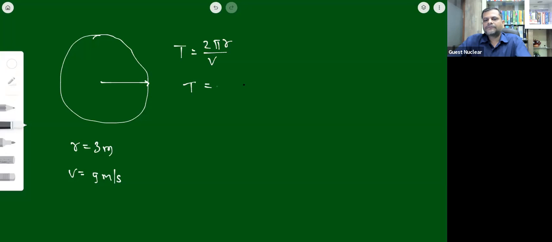So time period can be found out easily, that is 2 pi into r. R means 3 and that is to be divided by v, which is 9. So that this 3 gets cancelled with 9, leaving behind 3, and we are going to get this period of revolution, that is 2 pi by 3, correct है?